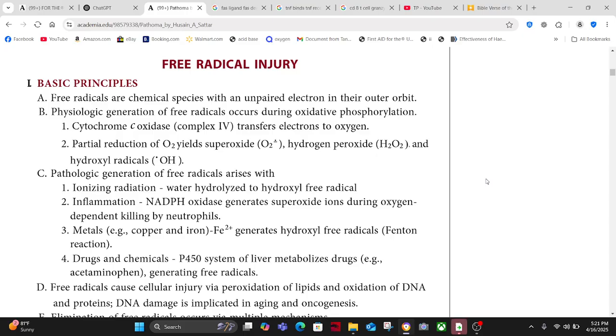Partial reduction of oxygen yields superoxide, then hydrogen peroxide, and hydroxyl radicals. Pathologic generation of free radicals arises with ionizing radiation, where water is hydrolyzed to hydroxyl free radical, and inflammation, where NADPH oxidase generates superoxide ions during oxygen-dependent killing by neutrophils. Metals, copper and iron: iron generates hydroxyl free radicals, like in the Fenton reaction.